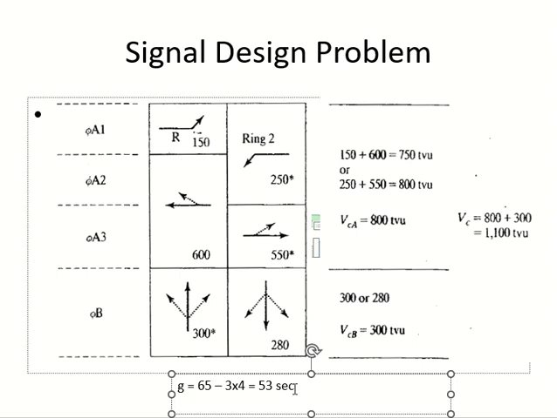Here. Now I will use the ratio approach. My total time is 53 seconds. My total volume is how much? 1100. Okay, so this ratio should be equal to the time of B upon the volume of B. Time of B I want, volume of B I know, 300.